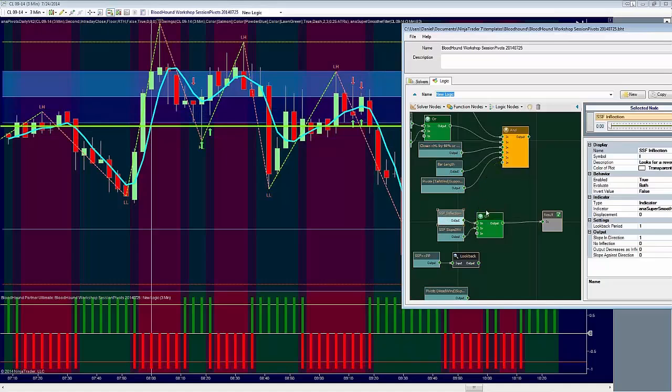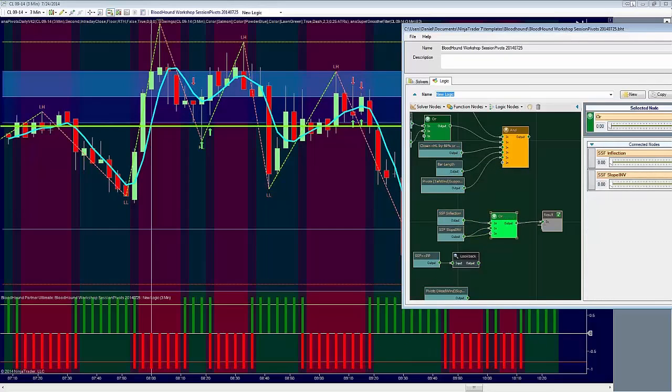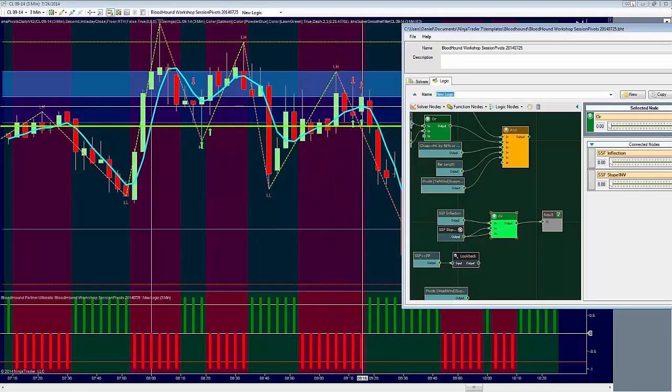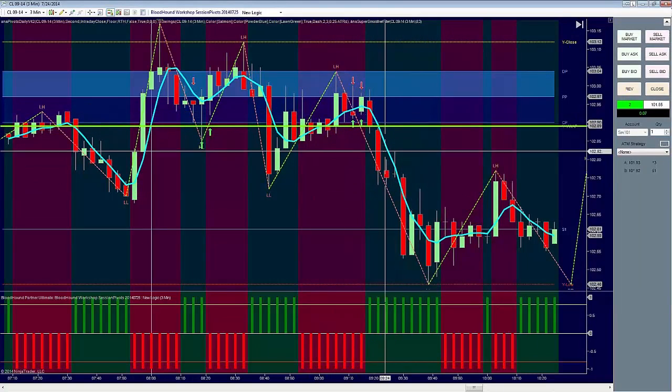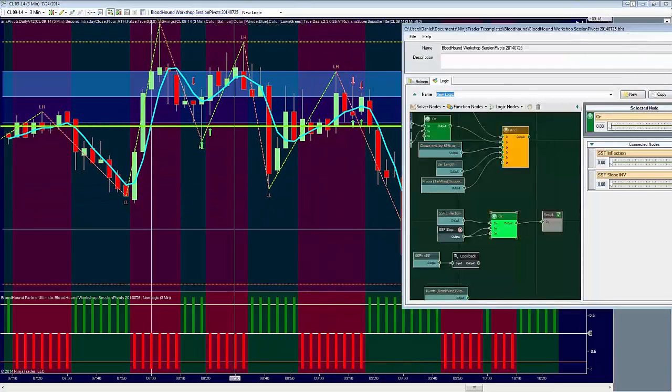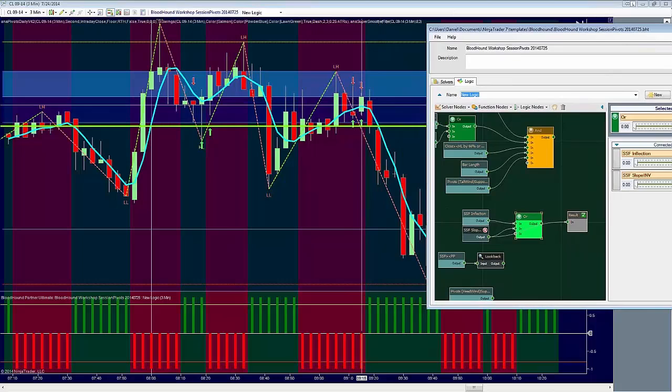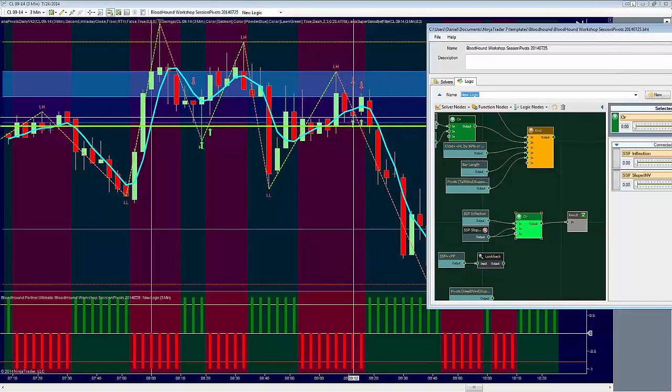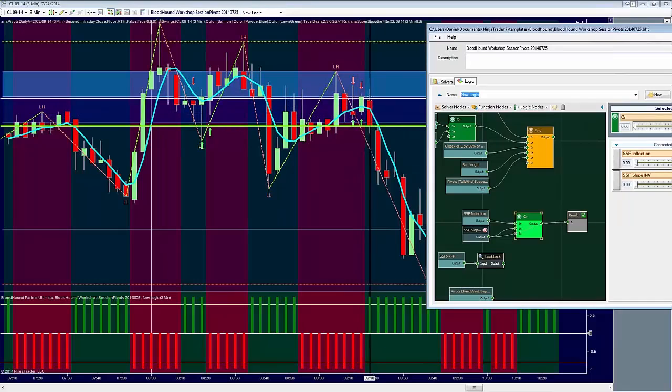OR node. Remember previously all we were allowing for were short trades when the super smoother filter was sloping up and long trades when it's sloping down, because that's showing us that we've made a pullback, right? But if for some reason we don't actually get the signal until the super smoother inflects down, we want to allow the signal to be on that first bar on which it turns down.